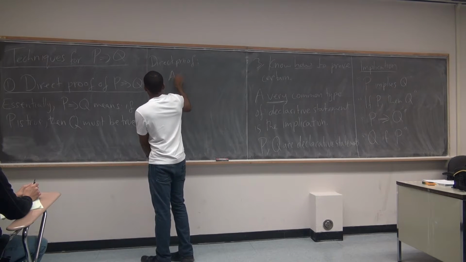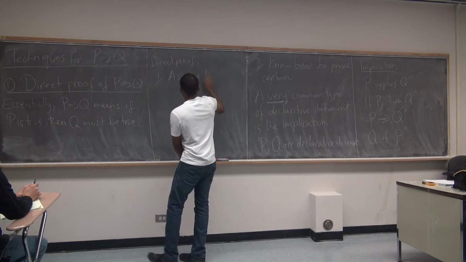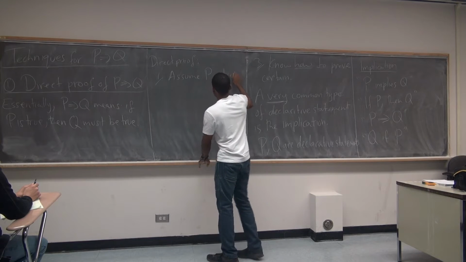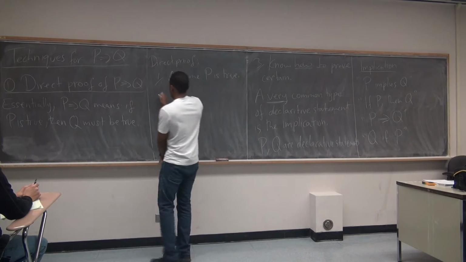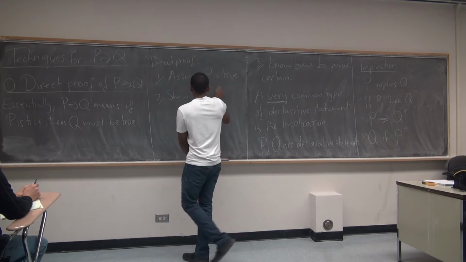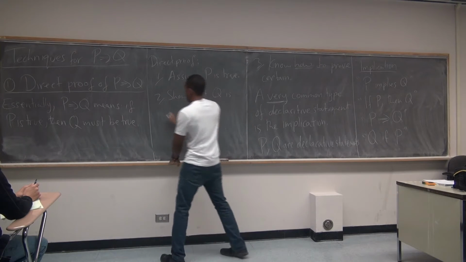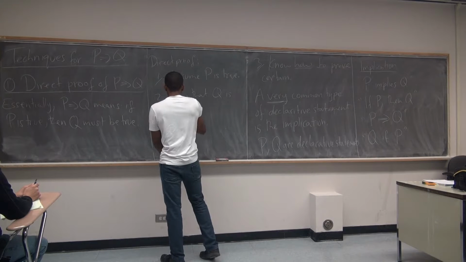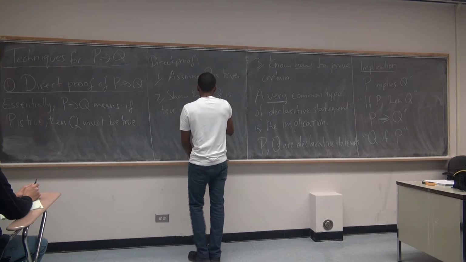1. Assume P is true. 2. Show that Q is true as a consequence.